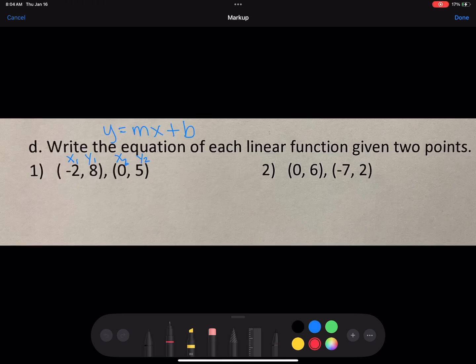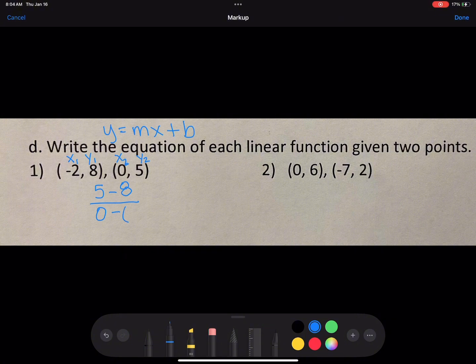All right, now we need to find an equation using 2 points. This one I've labeled your x1, y1 values and your x2, y2 values. All I need to do is find my difference in my y2 and y1 values divided by my x2 and my x1 values. You'll see I've taken my y2 value minus my y1 value, so 5 minus 8.